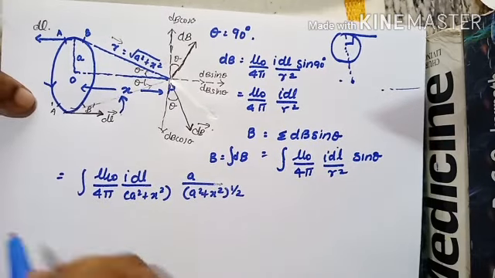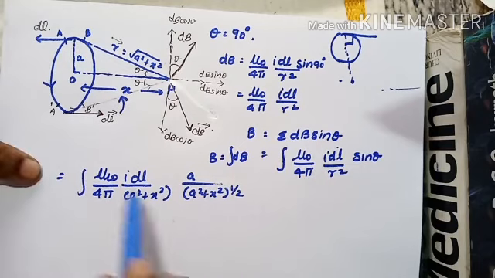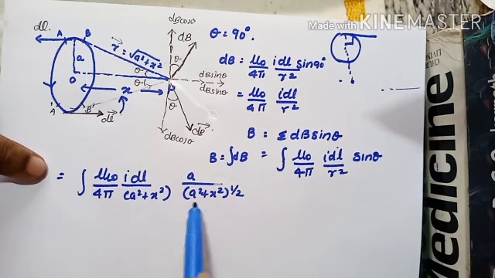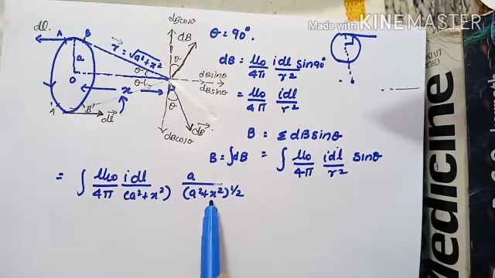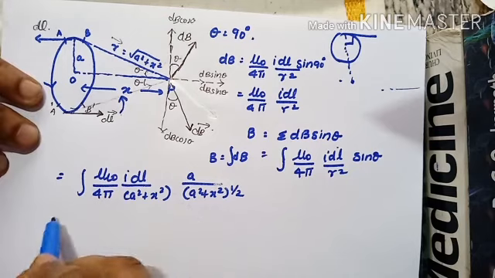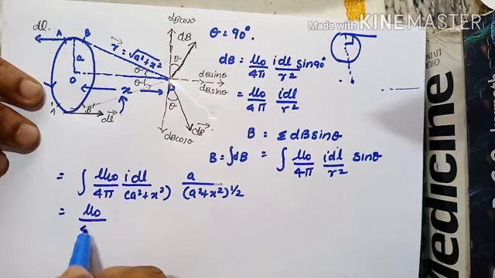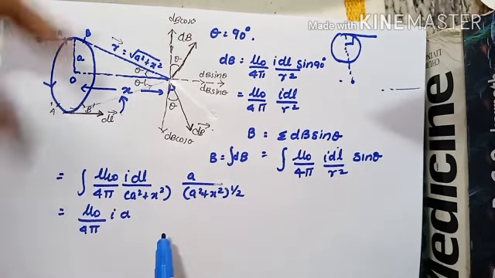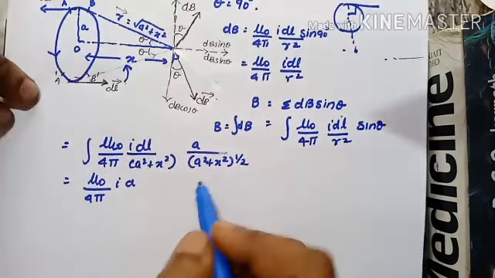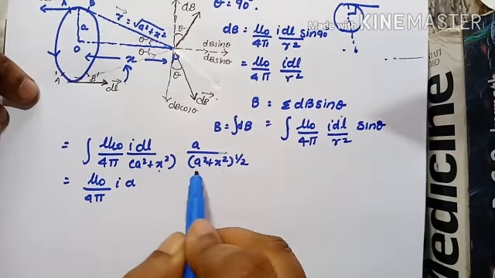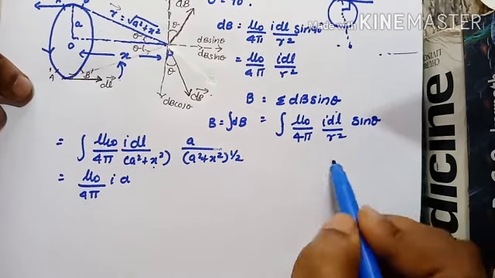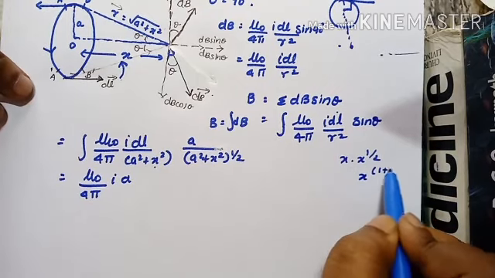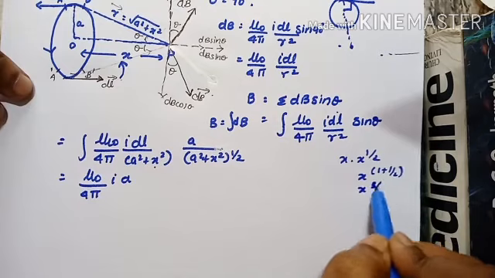Now here, guys, how many values are constant? Mu 0 by 4 pi is constant, current is constant, a squared plus x squared is constant, these three parameters are constant. So I will write them outside. So it is mu 0 by 4 pi I into a, the loop's radius is not going to change. Now what is a squared plus x squared into a squared plus x squared raised to 1 by 2? It is a squared plus x squared raised to 1 plus 1 by 2, that is raised to 3 by 2.